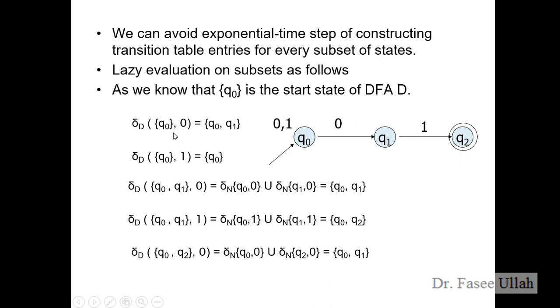We will execute different combinations based on this figure. Transition B, Q0 with 0, right? This is Q0 with 0 combination, so it will give you possibility this one and this one, right?